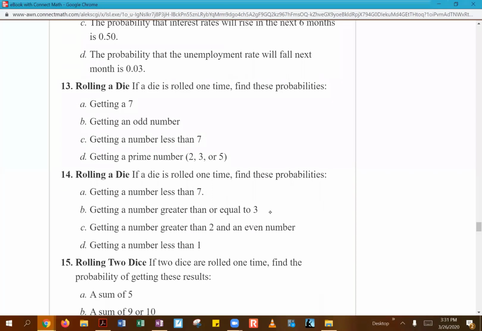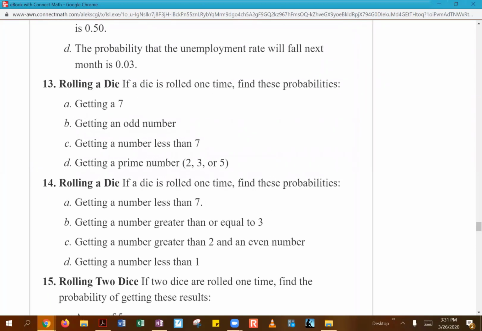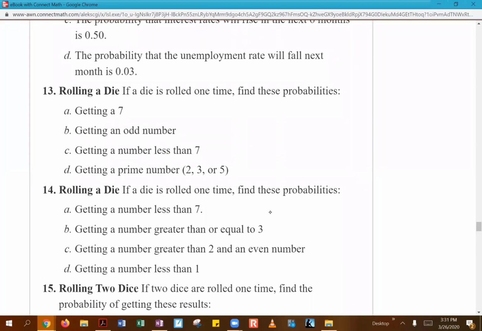Okay, so let's look at example 13 over here. We're talking about rolling a die. So if a die is rolled one time, find these probabilities. So let's take a look at the first one here. What's the probability that we get a 7?